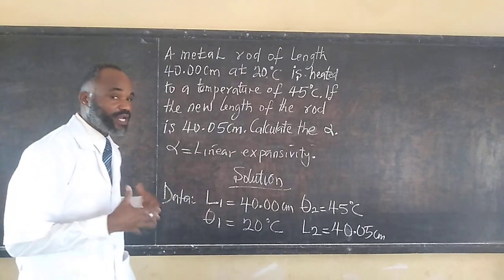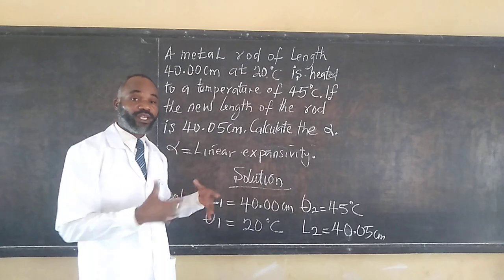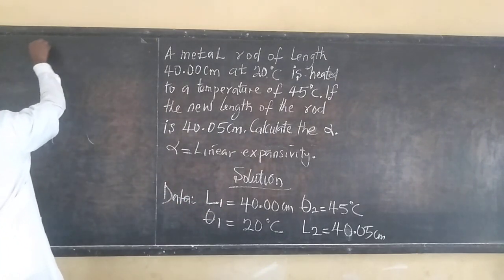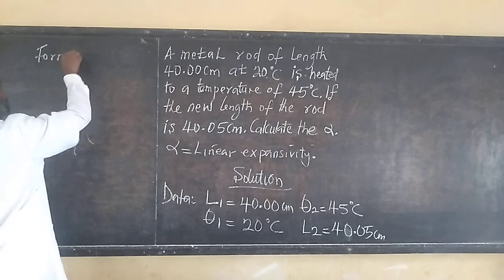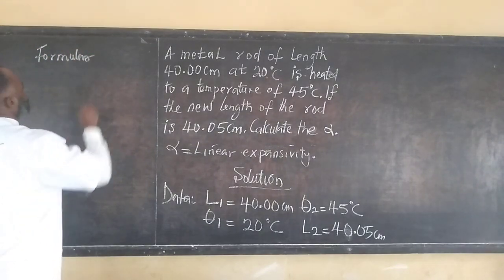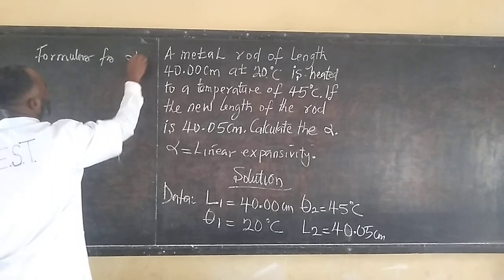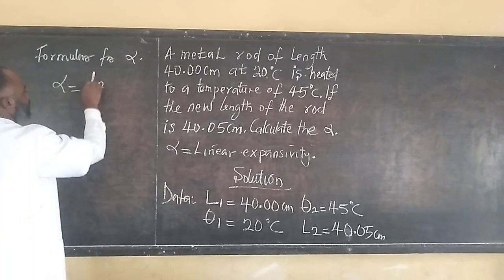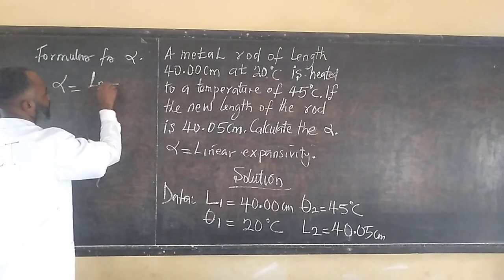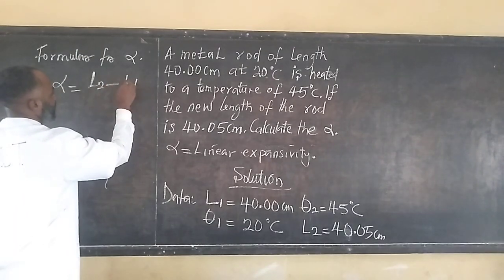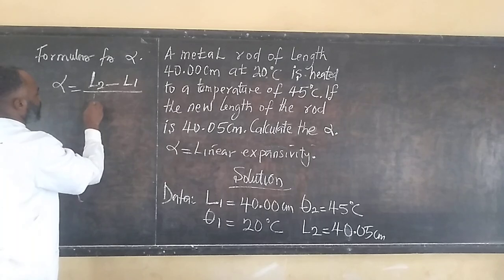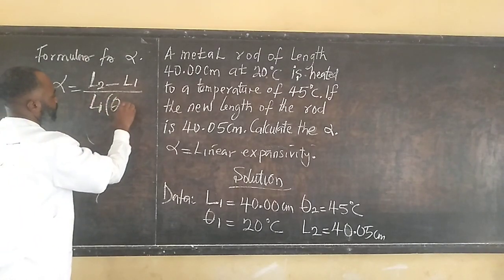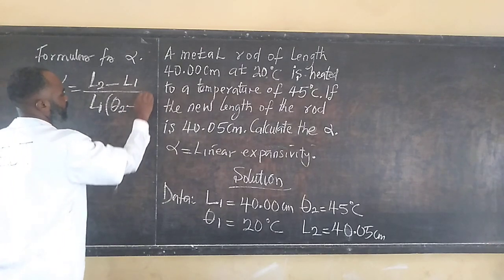Now we need to remind ourselves of the formula for finding the linear expansivity. Alpha is equal to L2, length 2, minus length 1, all over length 1, and then the temperature change, theta 2 minus theta 1.